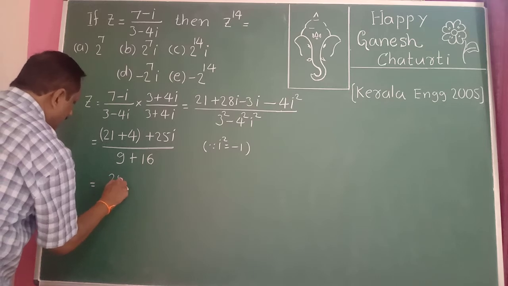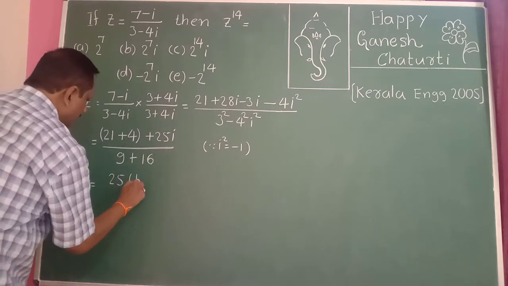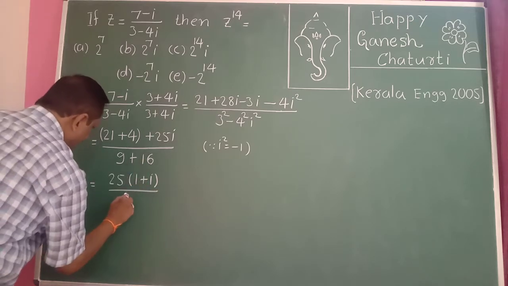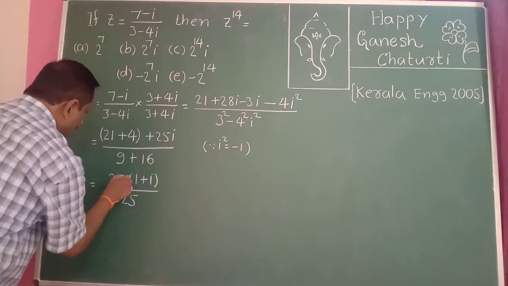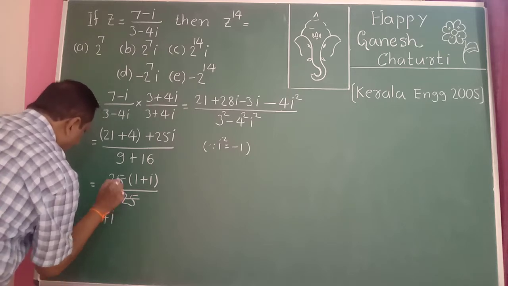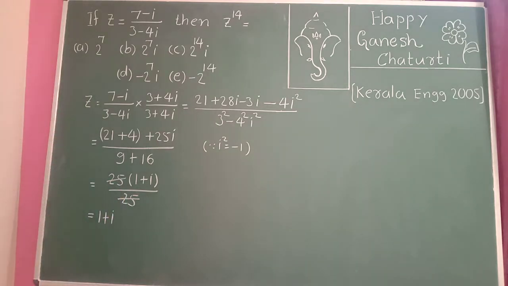So 25 is the common factor. Then you can write 1 plus i divided by, 16 plus 9 becomes 25, so this 25 cancels. So z equal to 1 plus i.